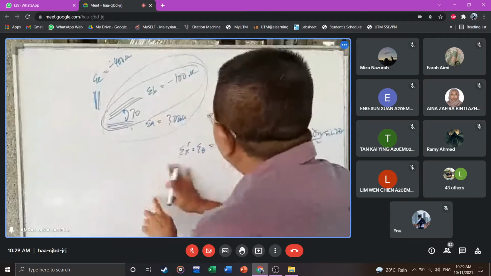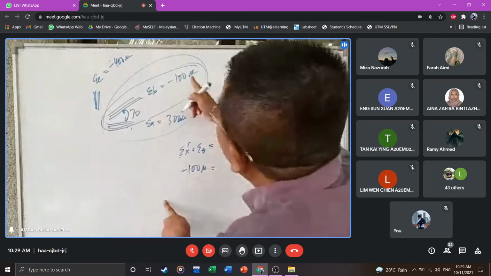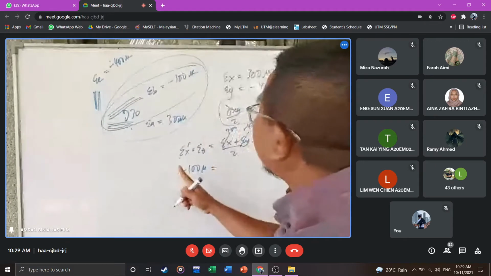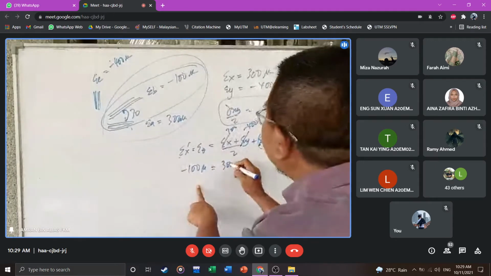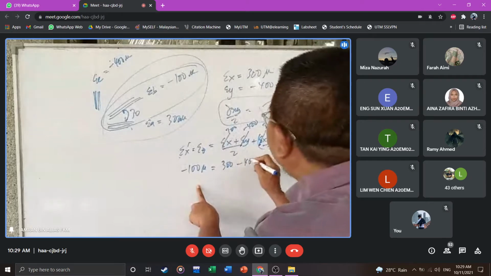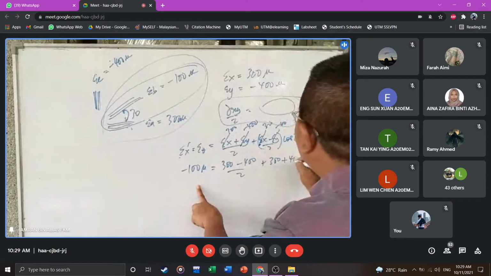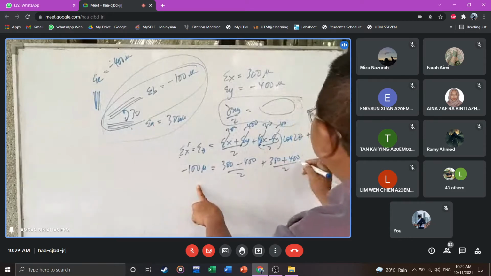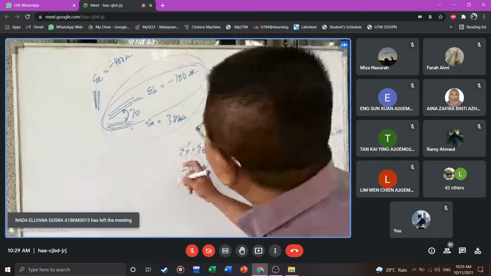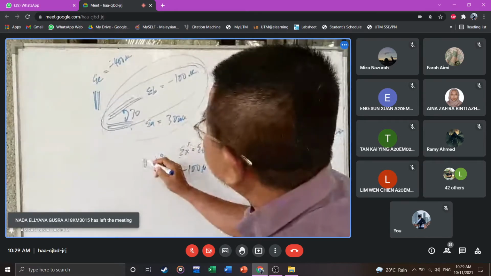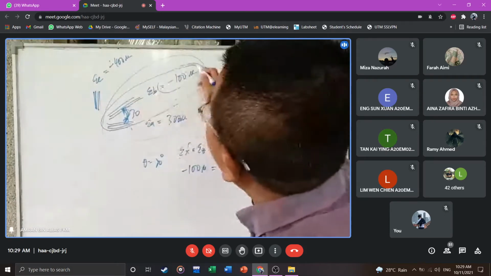See that? Put it in the equation here. Minus 100 is the value at 30 degrees. So I put it here: (300 minus 400) over 2 plus (300 plus 400) over 2 times cos 2 theta. I know theta is positive 30 degrees, the value is minus 100.